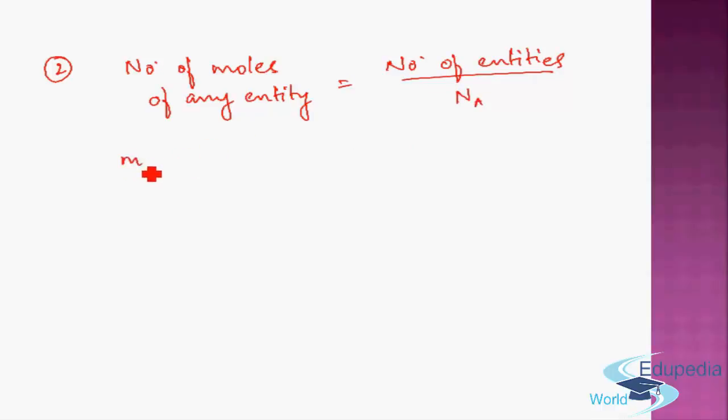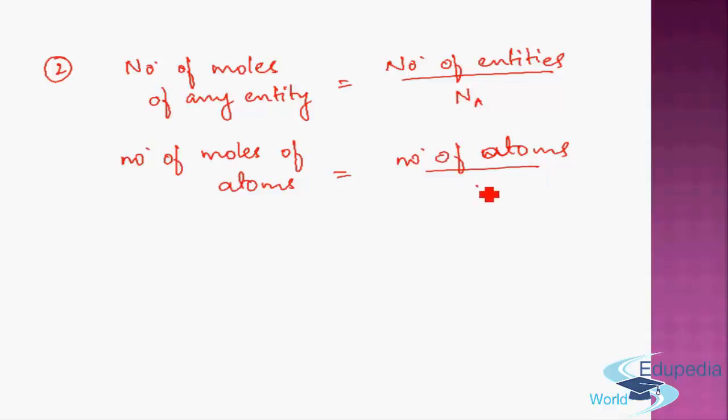That is to say, number of moles of atoms is simply equal to number of atoms divided by Na.